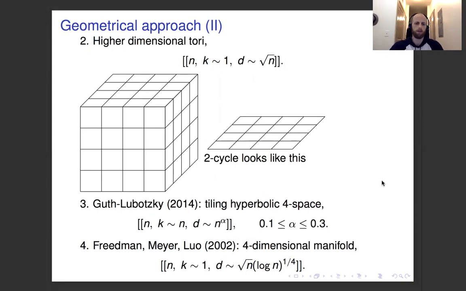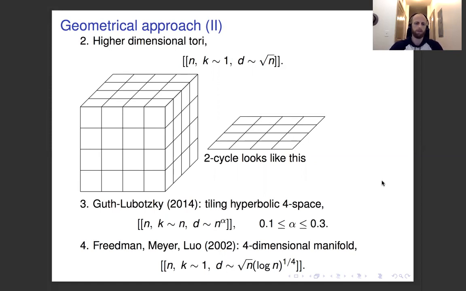Guth and Lubotzky consider higher dimensional hyperbolic spaces. And in that case, again, the dimension is very good, but even though the distance is no longer logarithmic, it's still smaller than square root of n.